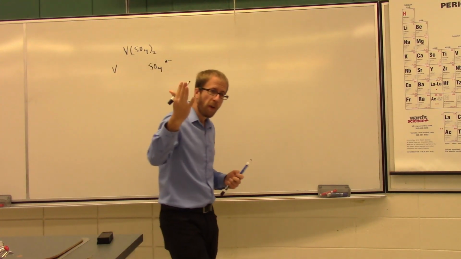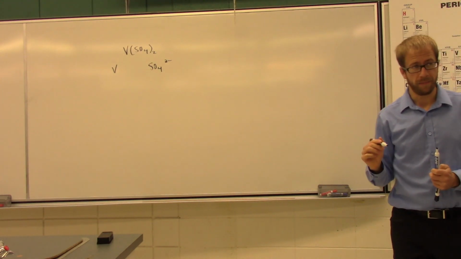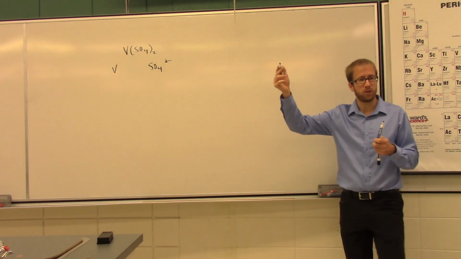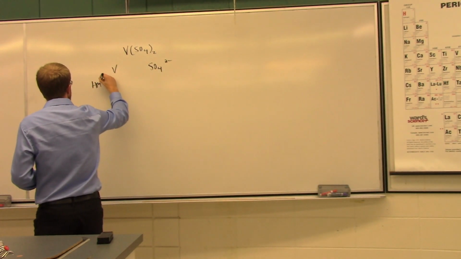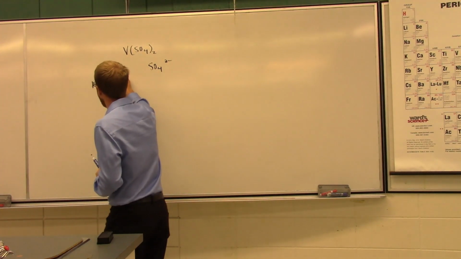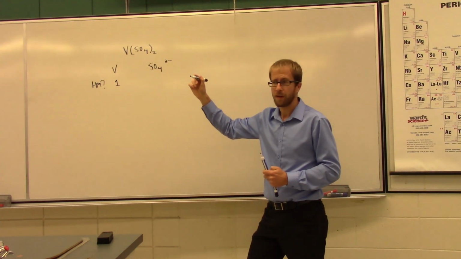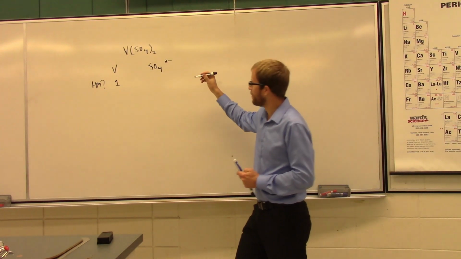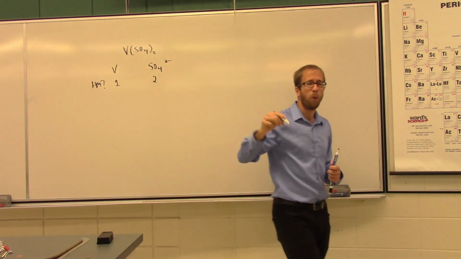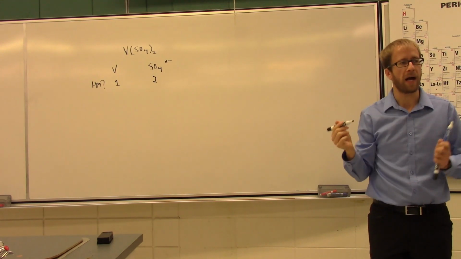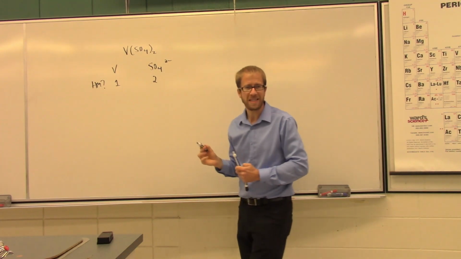So now I have to work backwards through that anion. Let's reverse those two questions. We know how many of each ion we have in our compound. We have 1 vanadium, and we have how many sulfates? 2. Remember, when we're talking about polyatomic ions, if you have more than one ion, you must put it in brackets and indicate how many with a subscript outside of it.